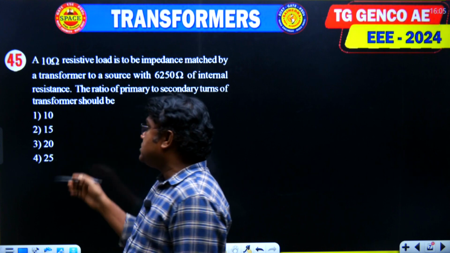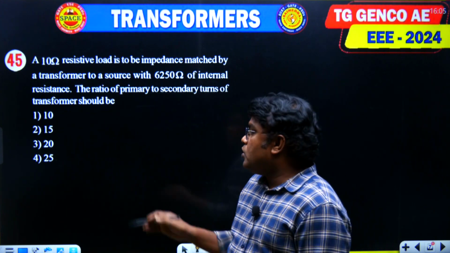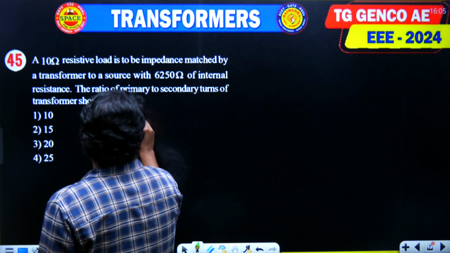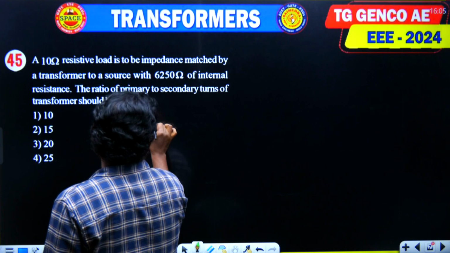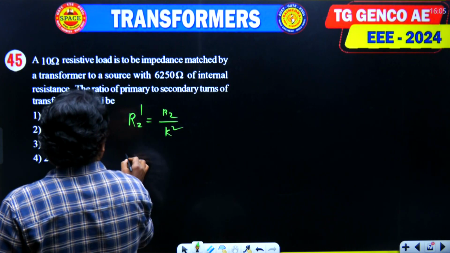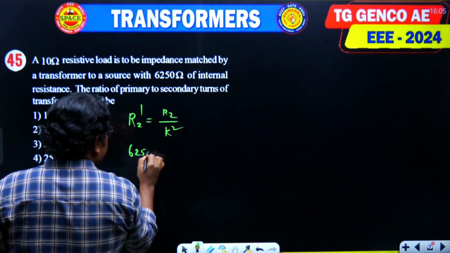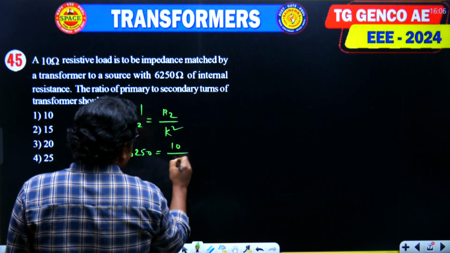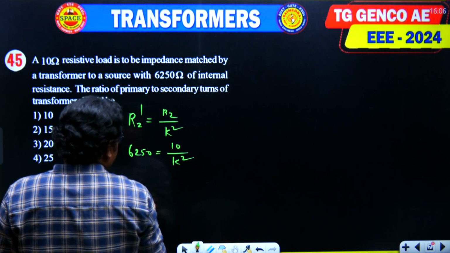Option 1 is 10, option 2 is 15, option 3 is 20, option 4 is 25. So now we know that R2 dash is equal to R2 by K square. Now R2 dash is equal to the internal resistance, 6250, where the load resistance is equal to 10 ohms, so 10 by K square.